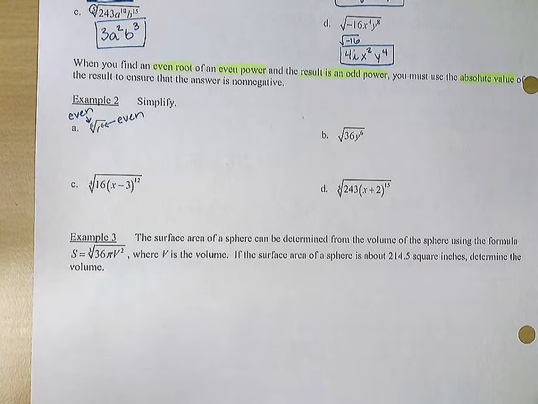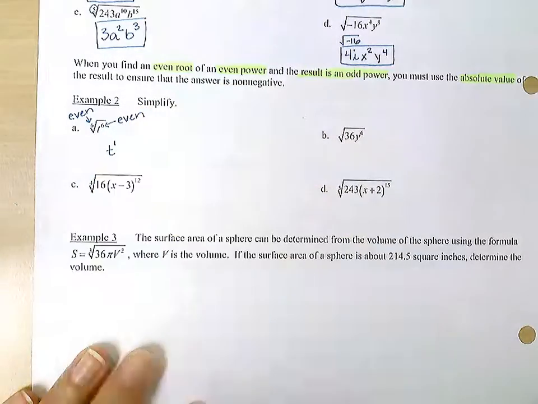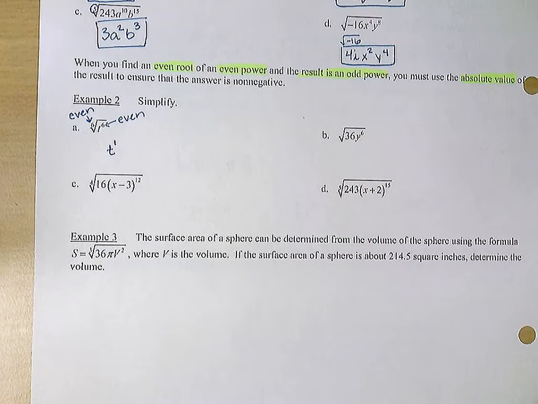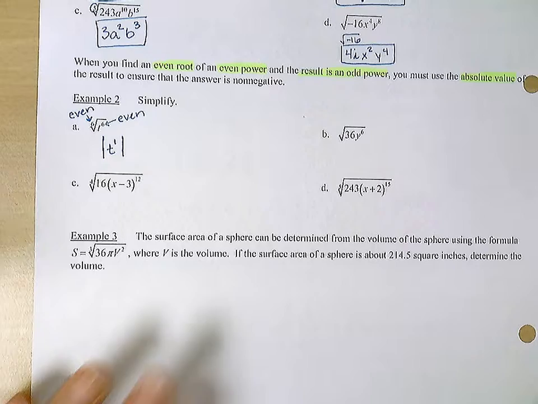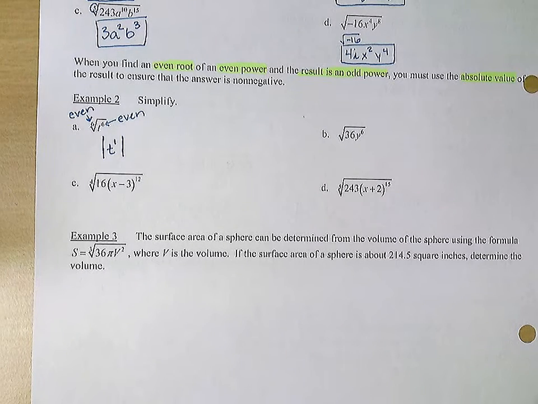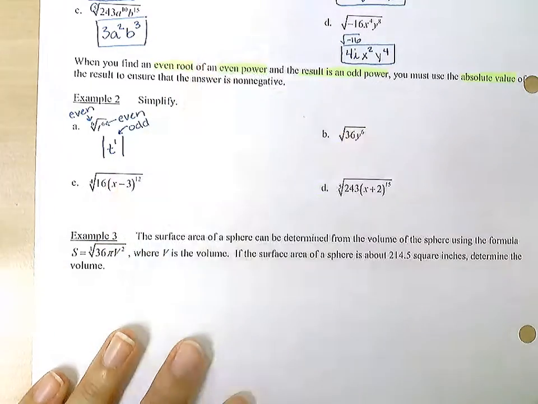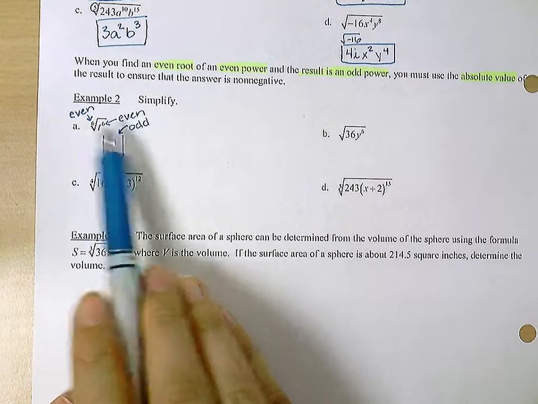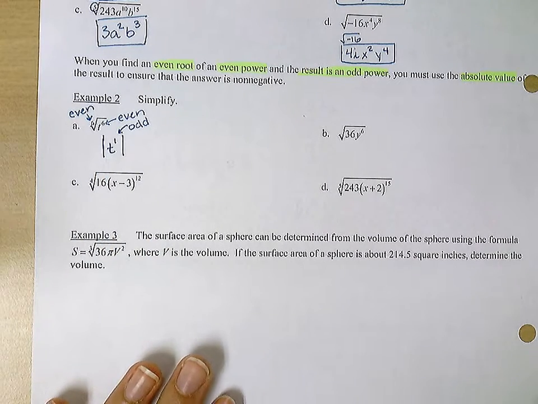Now when I simplify this, what does it simplify to? t to the 1st. Is 1 even or odd? It's odd. So I resulted in an odd power, which means I need to add absolute value bars around that answer. So if I start with even and even, and end up odd, you need those absolute value bars.